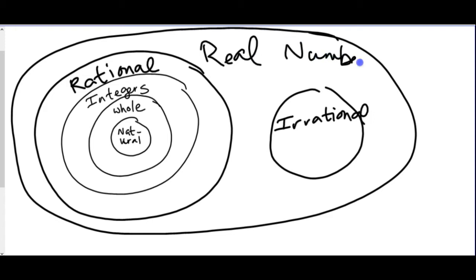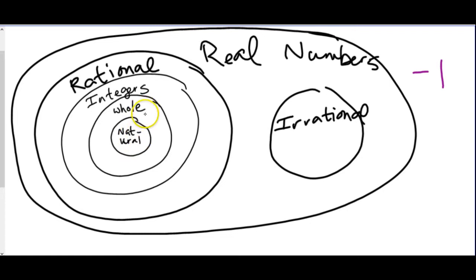So the reason we group it like this is because if I give you a number to identify and I say, what categories can this fit in? If I want you to name all the categories this would fit in. So let's say -1. We want to find the smallest circle that -1 would fit in. Looking at natural, -1 doesn't fit because those are all the positive counting numbers.